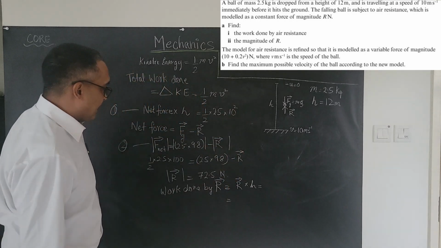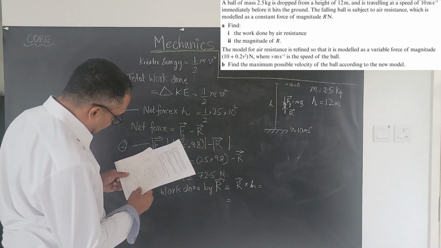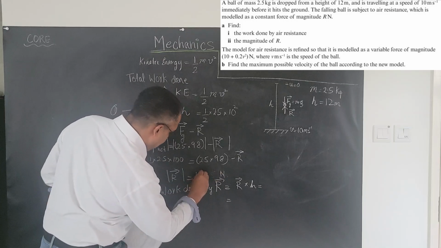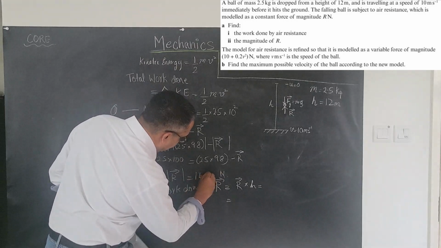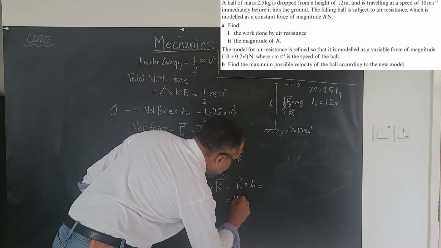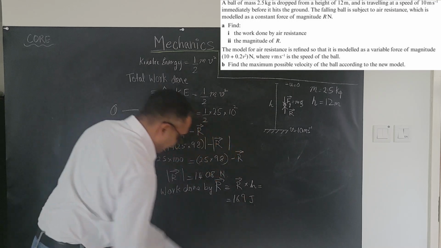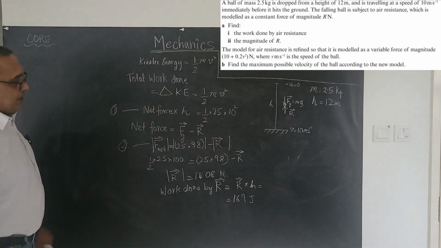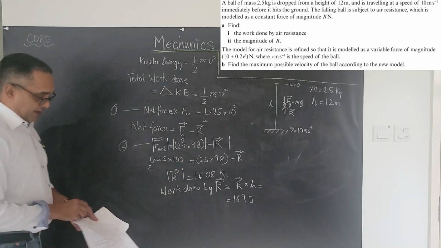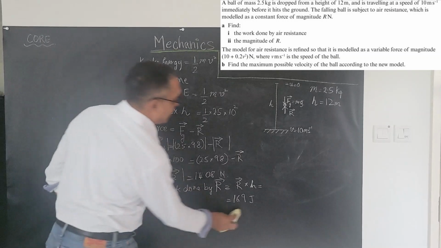Actually, you know what? I might be mistaken. This is not 72.5. This is 14.08 newtons, and 14.08 times 12 gives you 169. Don't forget the units, joules. So that's one method of solving it. I'll stay on the same part, and give you another method of solving it.